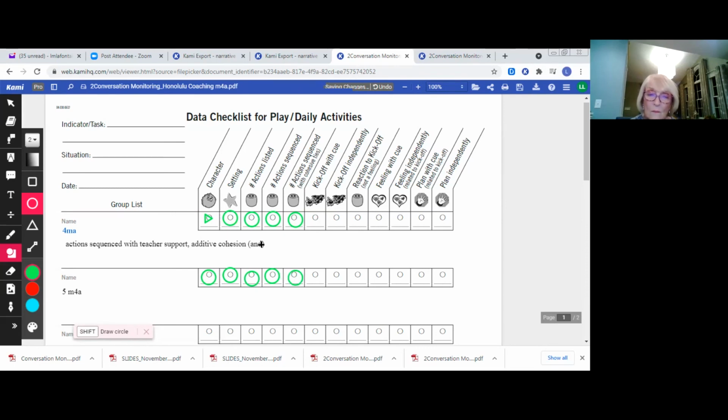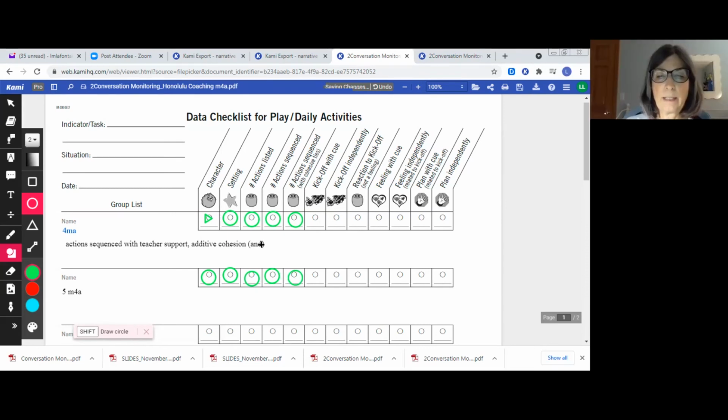And you could say additive cohesion. I could have added additive cohesion to this one. I could have counted up the number of times. The first little boy had 1, 2, 3, 4, 5, 6, 7, 8 of them, which was great. The same comment would work: action sequence with teacher support, additive cohesions, and would be down here for this little boy.